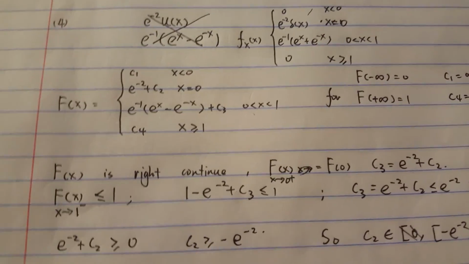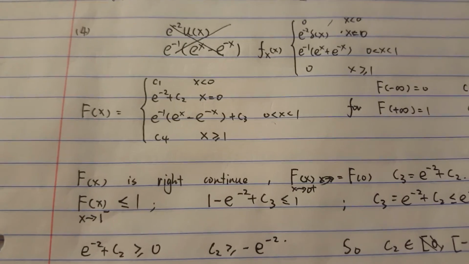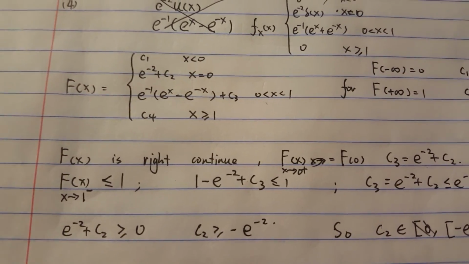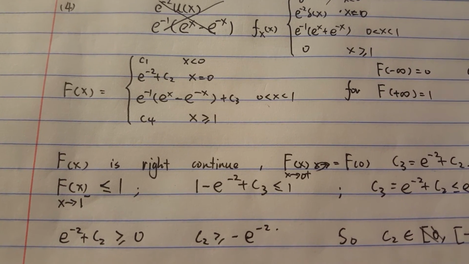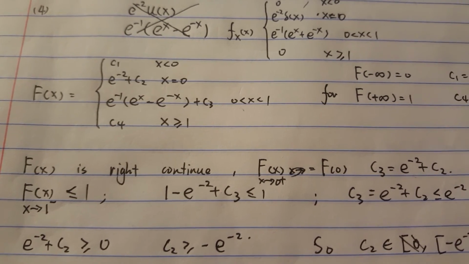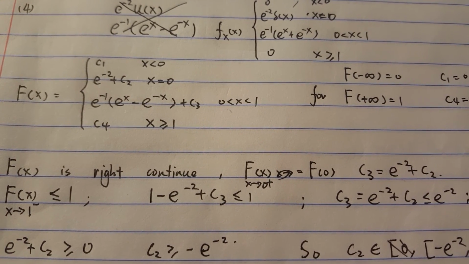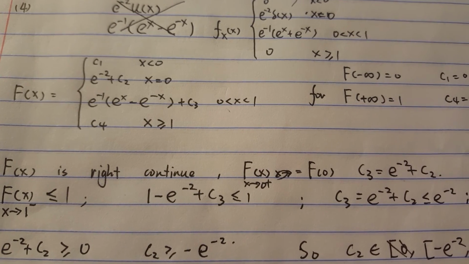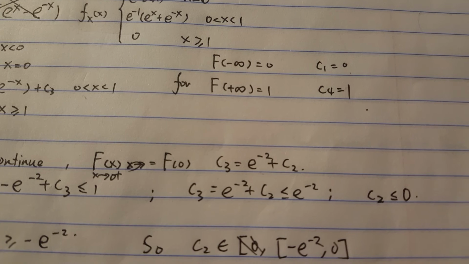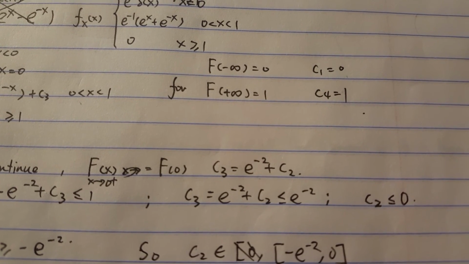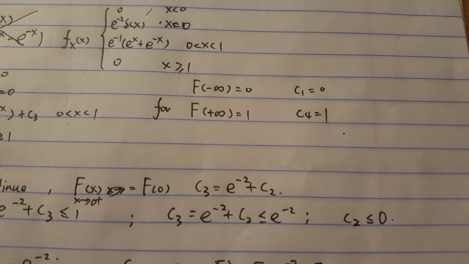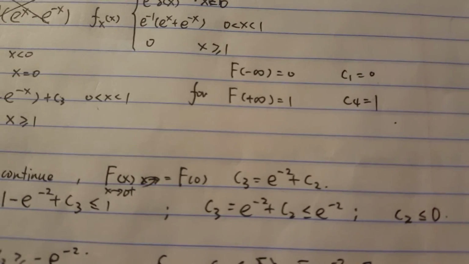Also, we know F of x is smaller than 1 when x approaches 1 from the left. So we also get 1 minus e^2 minus 2 plus C3 is smaller than 1. So finally we get that C3 is smaller than e^2 minus 2, and C2 is smaller than 0.